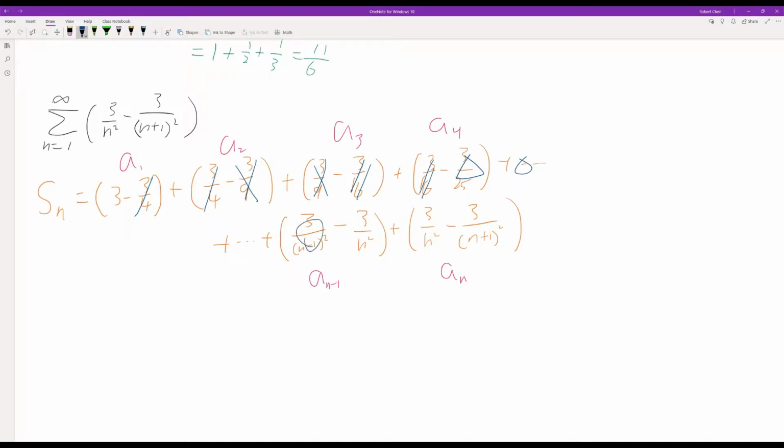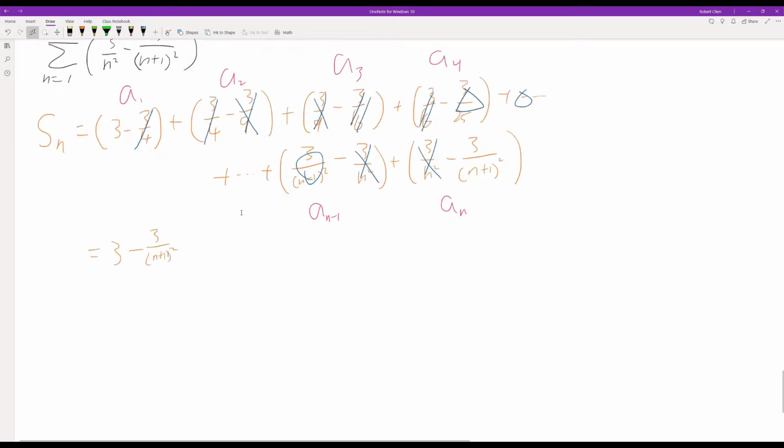The last ones we simplify: negative 3 over n squared and 3 over n squared cancel. So what does that leave us? All the middle terms are canceled out, leaving us just the first term, the 3, and the last term, which is 3 over n plus 1 squared.